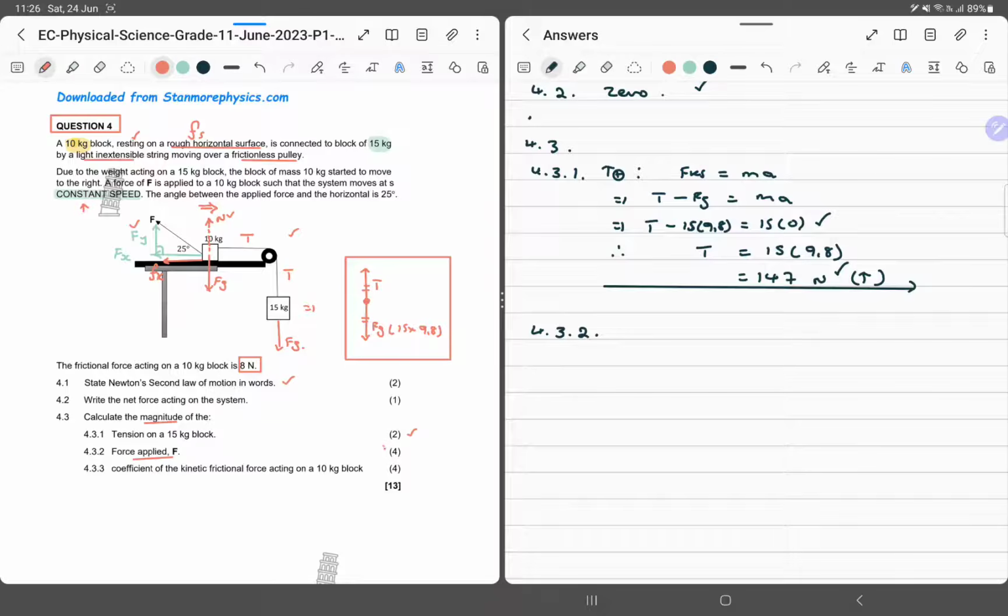Now that's a bit of work. 4 marks already says 2 steps are more likely to be done. So what do we need here? We need this 10 kg block because we've got tension in that direction, which we just calculated is 147, and then we're going to have this force acting through its components.